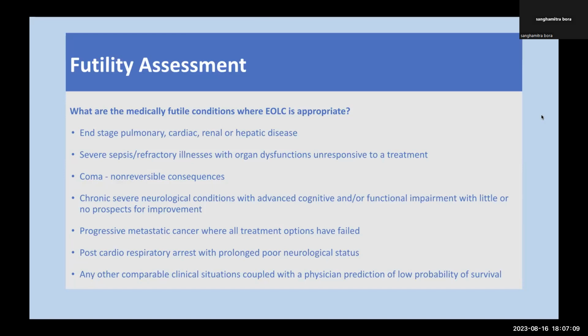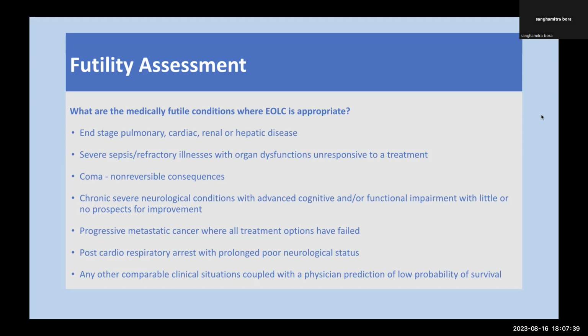And then progressive metastatic cancer, where all treatment options have also failed. Post-cardiorespiratory arrest with prolonged poor neurological status, and any other comparable clinical situations, coupled with a physician prediction of low probability of survival.